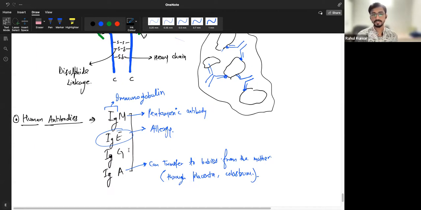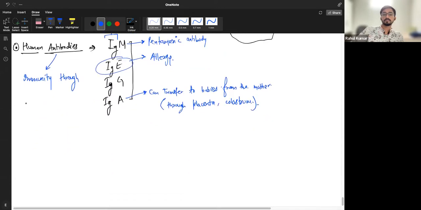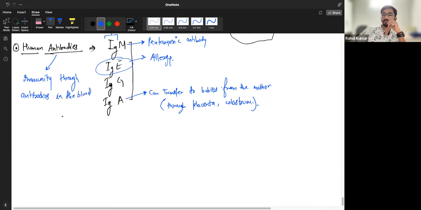Yes. So because these antibodies are present in the blood, write down: immunity through antibodies in the blood, because it happens in the blood, is known as humoral immunity, for blood.